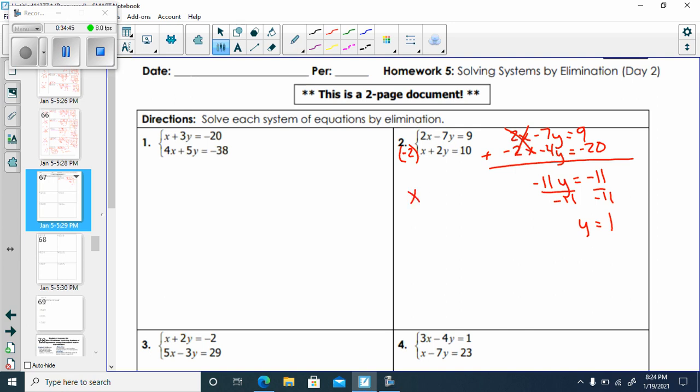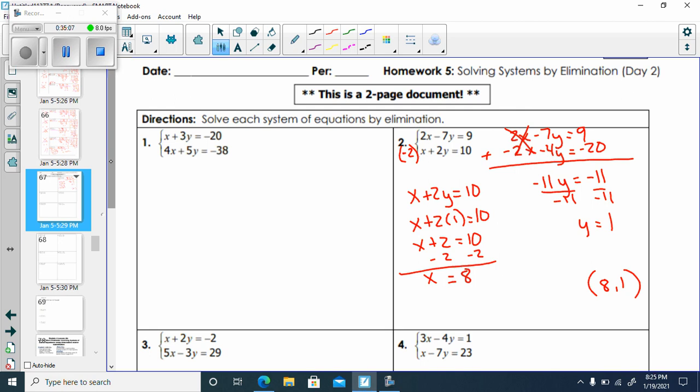Substitute it in. x plus 2y equals 10. x plus 2 times 1 equals 10. x plus 2 is equal to 10. Let's subtract 2 from both sides. x is equal to 8, okay? So your coordinates are 8, 1. That's where those two intersect.